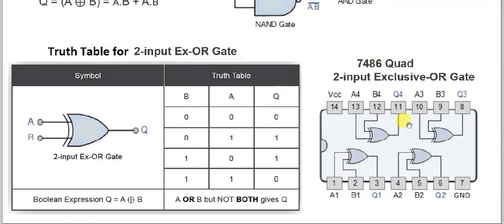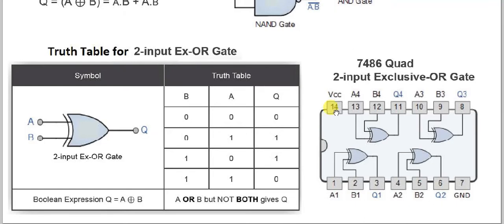In this case, here is a notch. From the top view, we can see the pins. There are 14 pin ICs: 1 2 3 4 5 6 7, and then 8 9 10 11 12 13 14. Out of these 14, 2 pins are used for power: the positive VCC is pin 14, and the ground is pin 7.